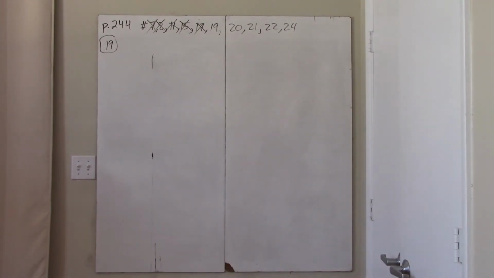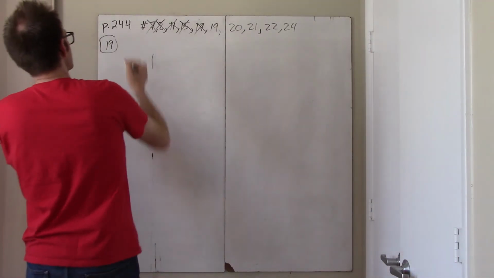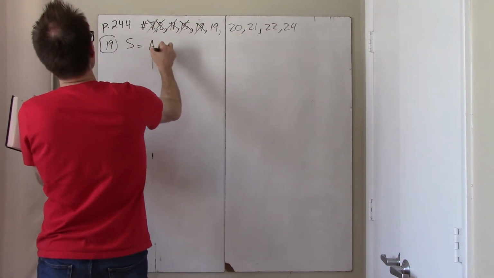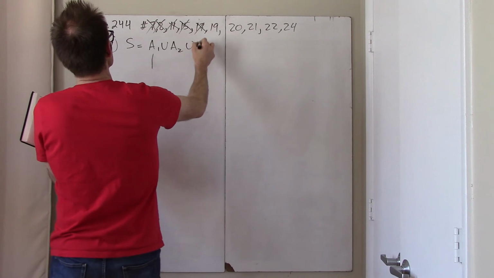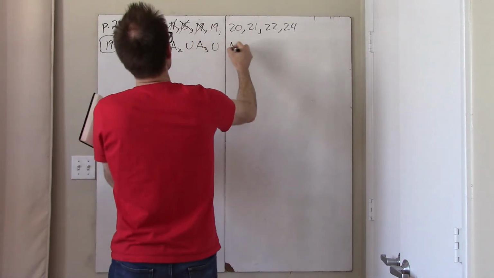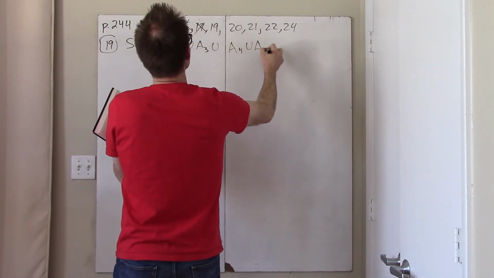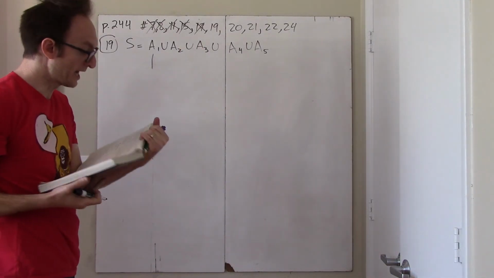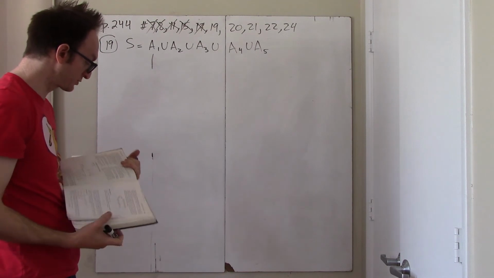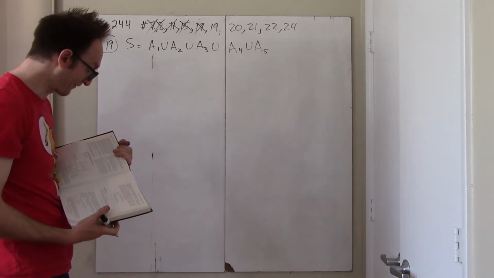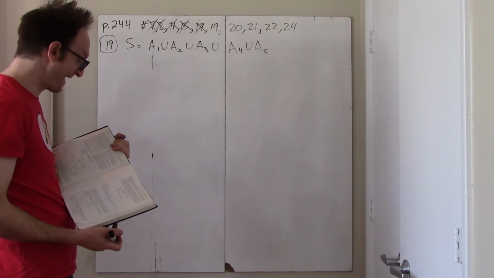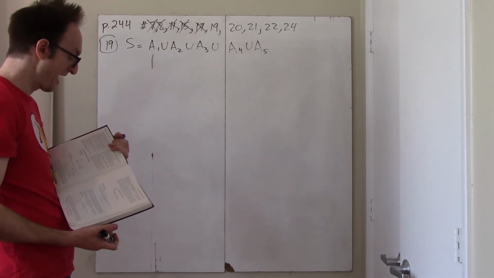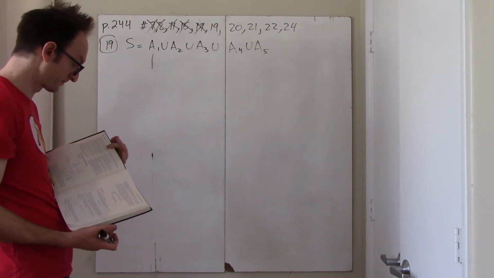Okay, 19. We do it. What does it say? It says consider the set S, where S is in fact the union of 5 sets, A1 union A2 union A3 union A4 union A5. And so we go. Use the inclusion-exclusion theorem to generate a formula for the number of elements in the union of the 5 subsets of S, given that no 3 of the sets have any elements in common.